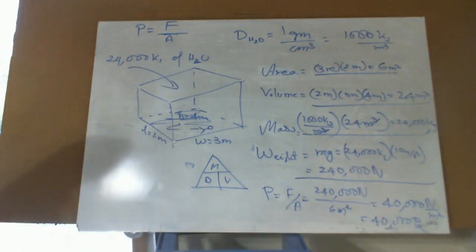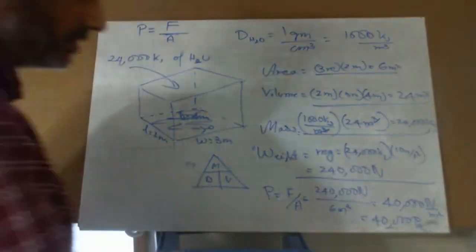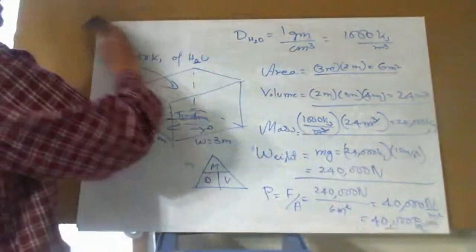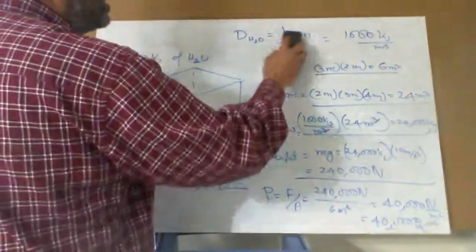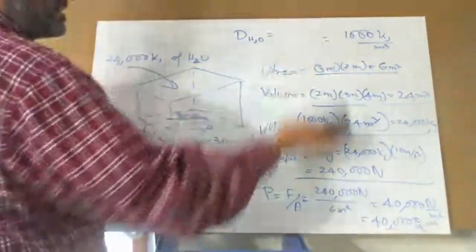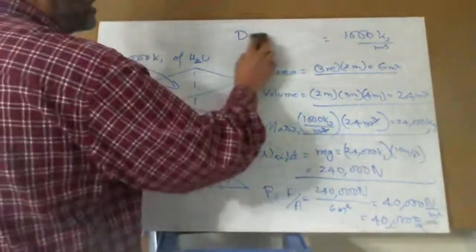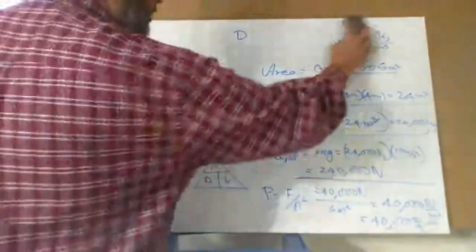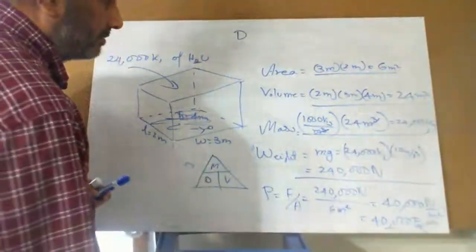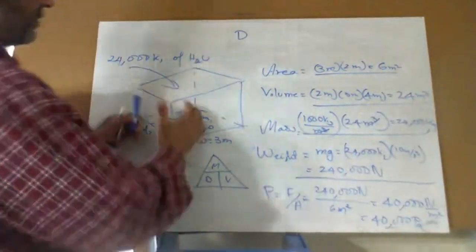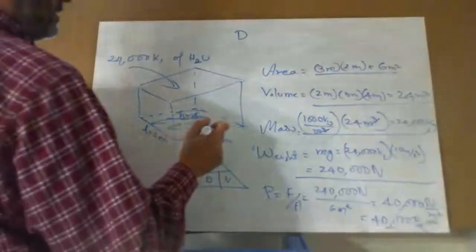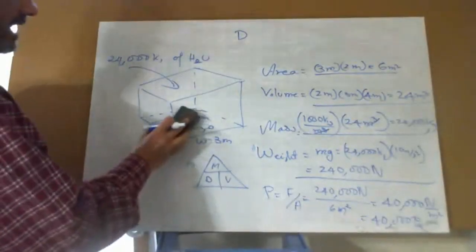Right? Suppose, let's see if you can try one at home. Suppose you're given the density. In the exam, you'll be asked to find all these quantities, right? Suppose you're given the density of, let's say, aluminum. Okay, suppose this is a block of aluminum, and you'll be given this diagram.